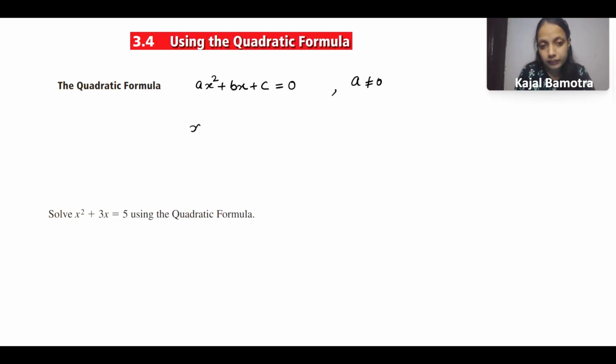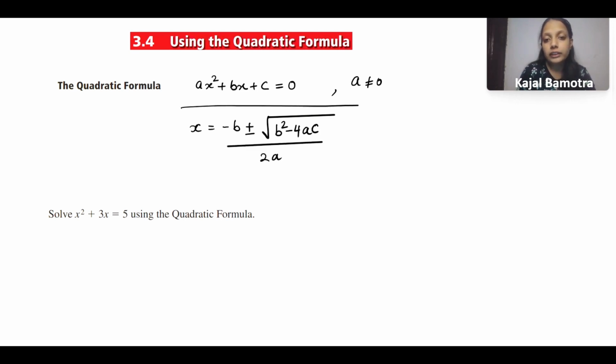And with the formula, we can calculate the values of x. x equals negative b plus minus square root of b square minus 4ac, over 2 times a. So this is the quadratic formula.